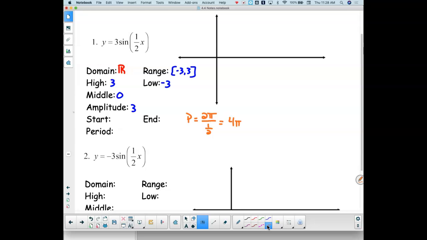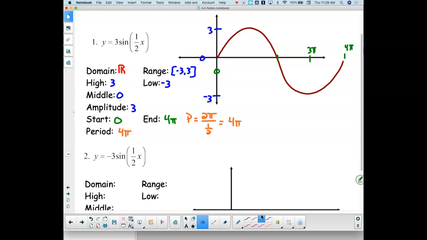You got a period of 4 pi, which means we start at 0 and end at 4 pi. Normal sine curve. Only difference is we're going all the way down to negative 3 and all the way up to positive 3. 4 pi is out here. That means we get 3 pi.